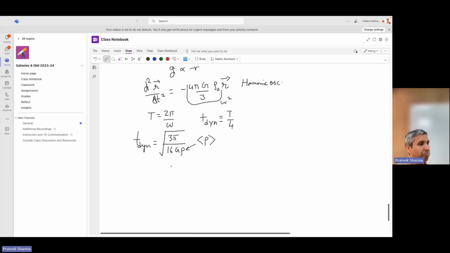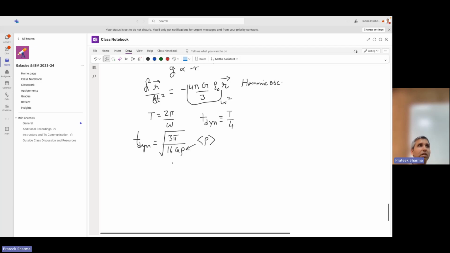Right. So for a point mass potential, we know that even if you have angular momentum, the time period is only a function of energy.